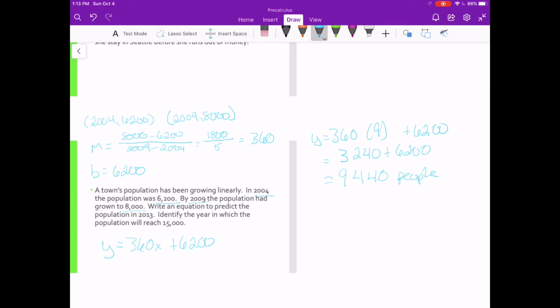And then to predict or identify the year in which the population will reach 15,000, now we're going to put 15,000 in for y. So 15,000 is equal to 360x plus 6,200. So let's subtract 6,200 from both sides to get 8,800.